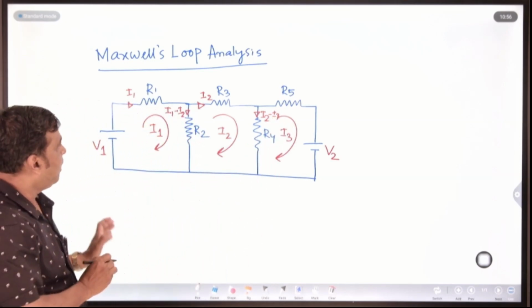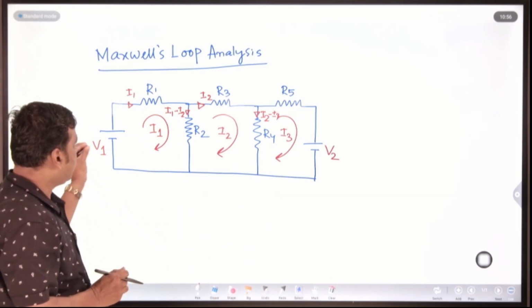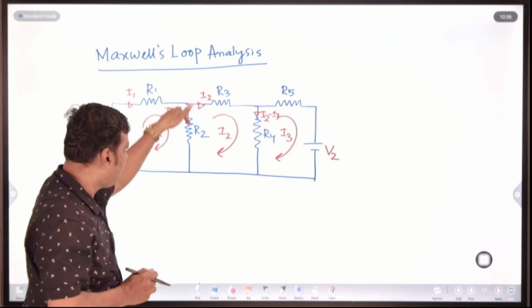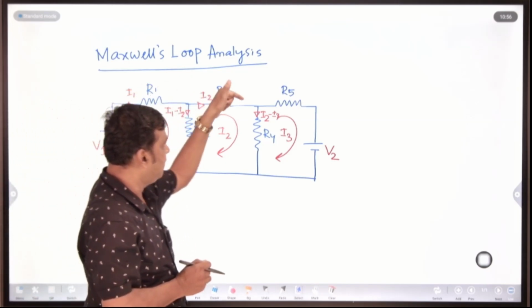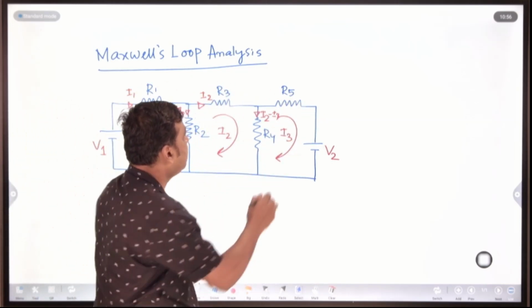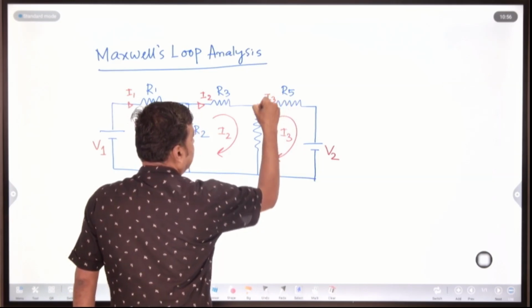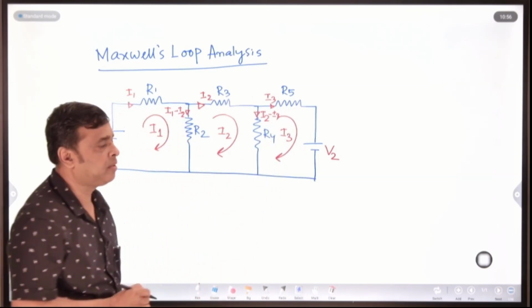First of all, I have identified how much current flows through each resistance: this is I1, this is I2, this is I1 minus I2, this is I3, and this is I2 minus I3.